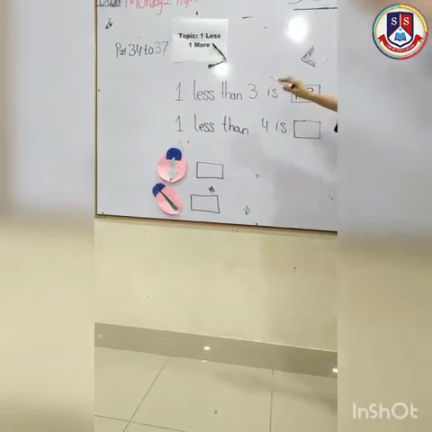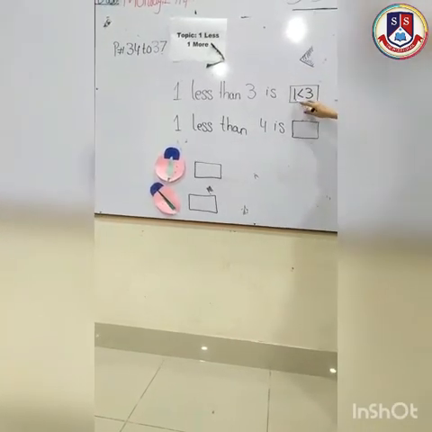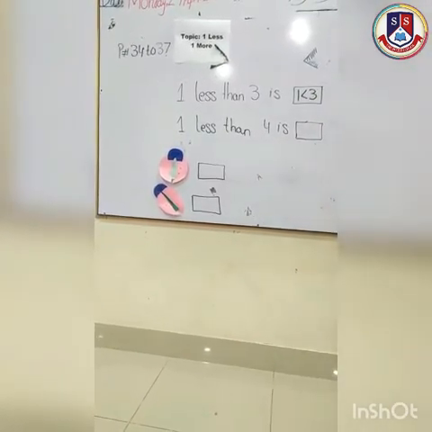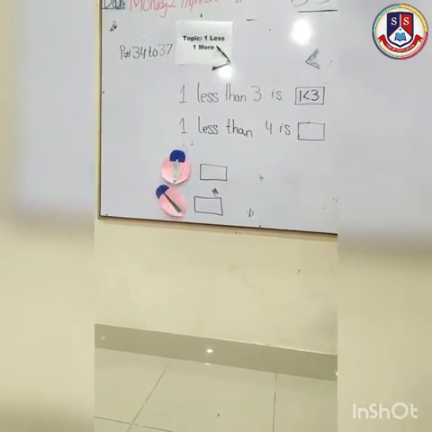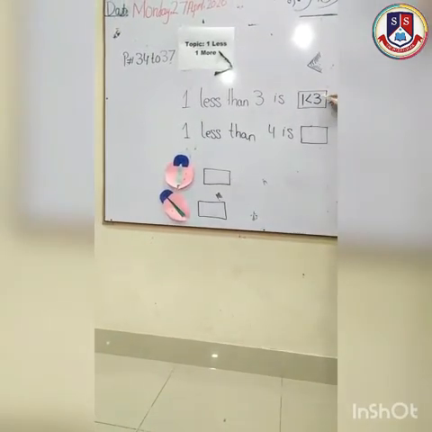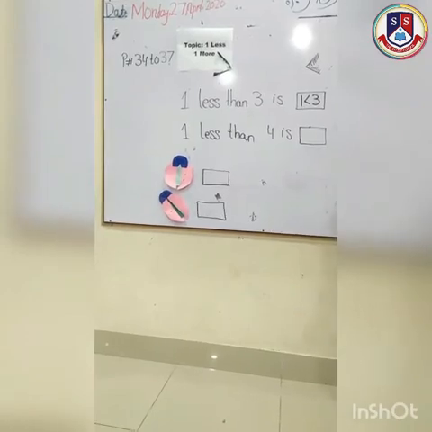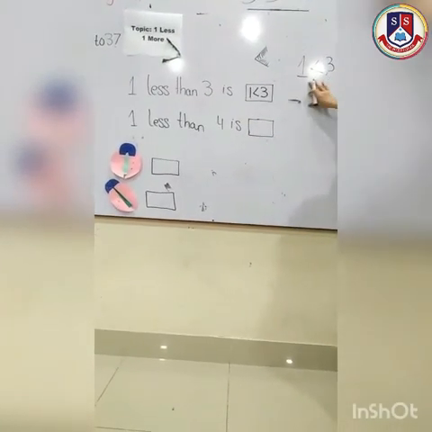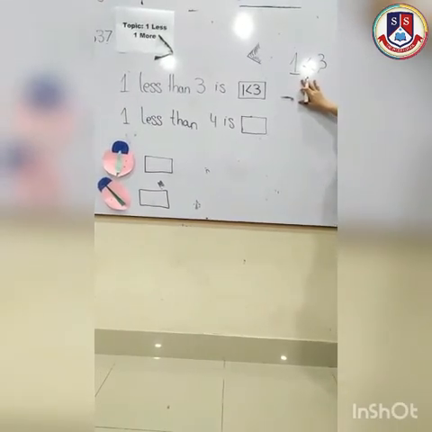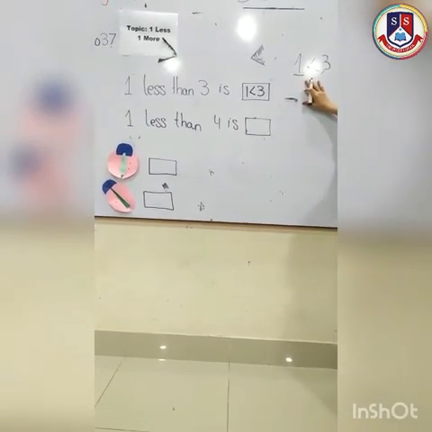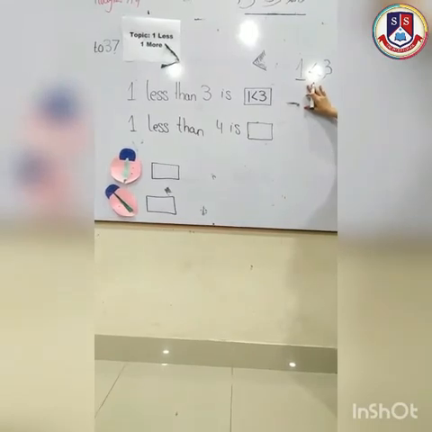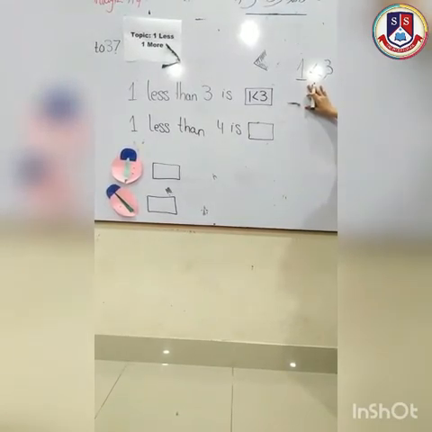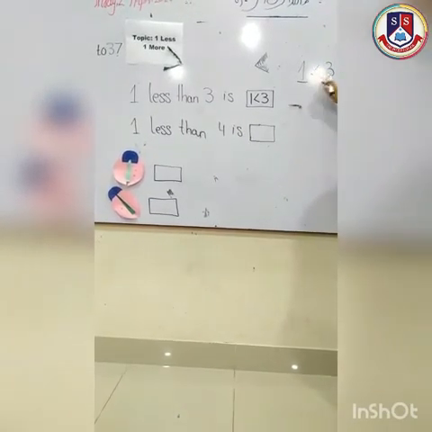So students, 1 less than 3. 1 3 से छोटा है. As you know, I told you, जिस चीज को आपने स्मॉलर साबित करना हो, वहां इसका फेस बंद हो.